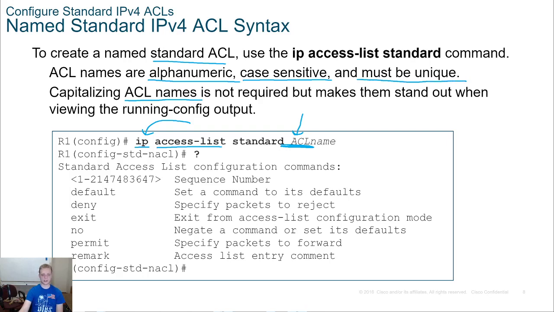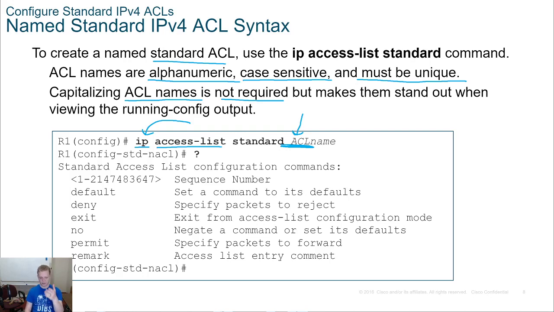So capitalizing ACL names is not required, but a lot of network engineers do that. It's a very, very common practice in network engineering and in some sections of programming. Some people will do that to have all caps.